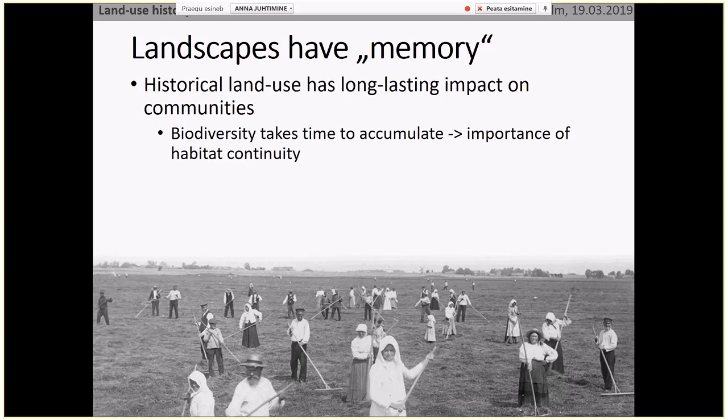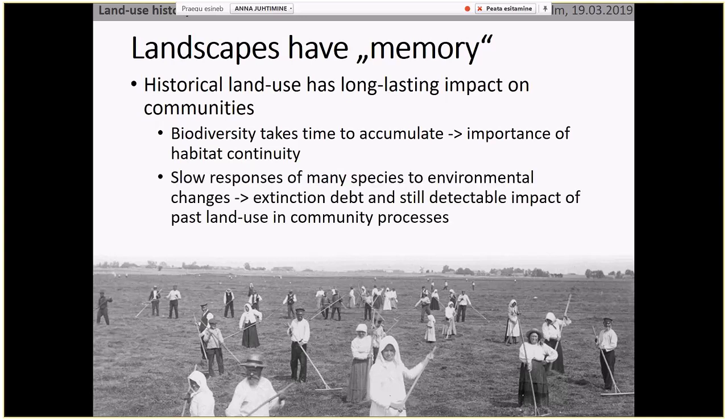There are two reasons. First, biodiversity itself takes time to accumulate, so habitat continuity throughout history plays a very important role in what we see currently in our habitats and communities. Also, species and biodiversity have a very slow response to environmental changes.